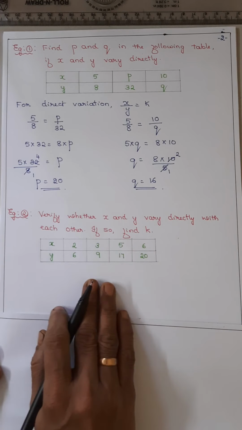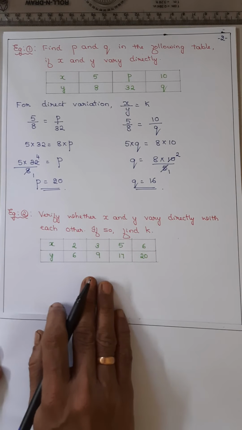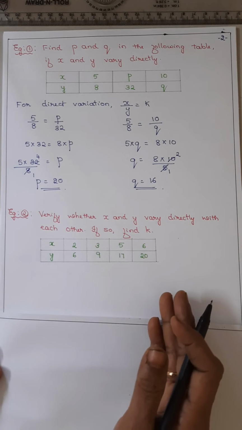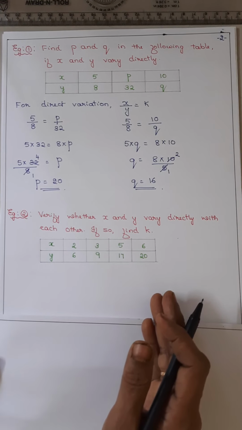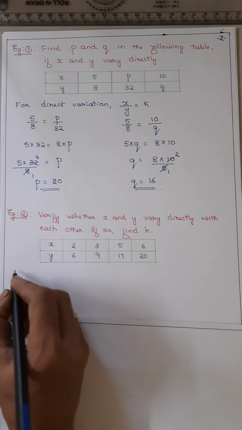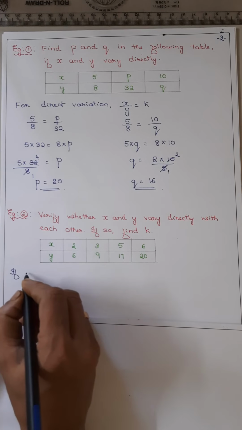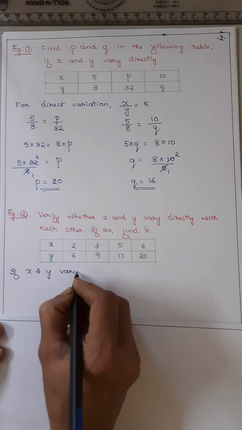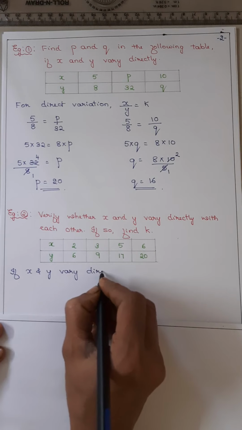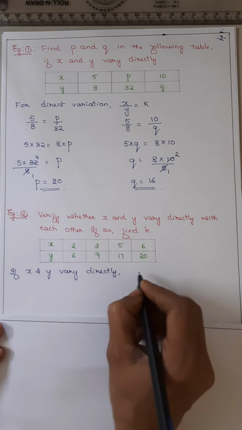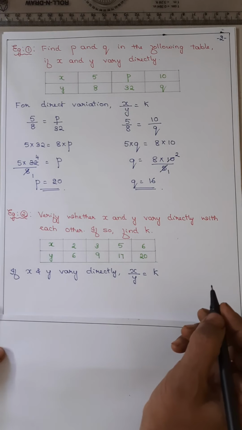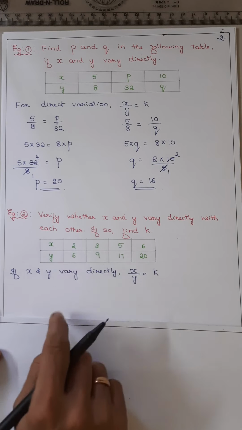If they are in direct variation, then what is the constant k? If x and y vary directly, the formula is x by y should be equal to k. Now find out for each.